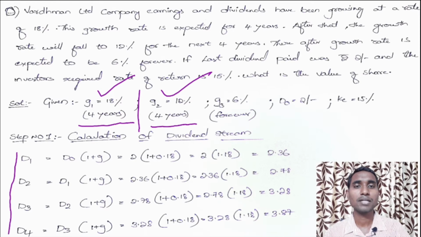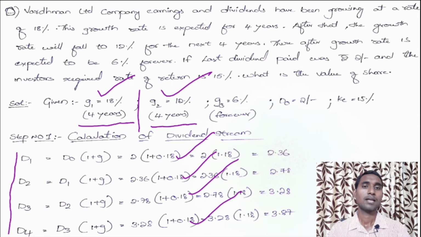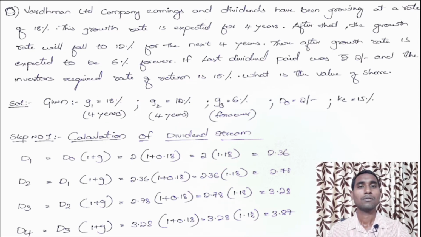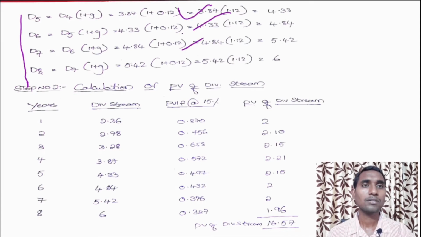So for the first 4 years, the dividends are growing at 18%, 18%, 18%, 18%. Now the second 4 years, the dividends are growing at 12%, 12%, 12%, 12%. This is the difference.